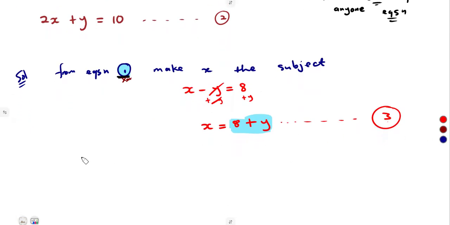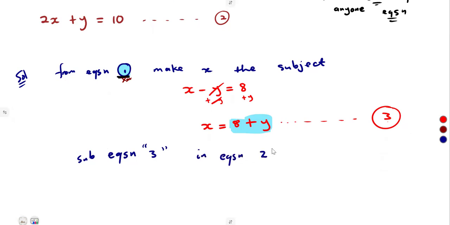So we are going to substitute, all right, equation 3 into 2.